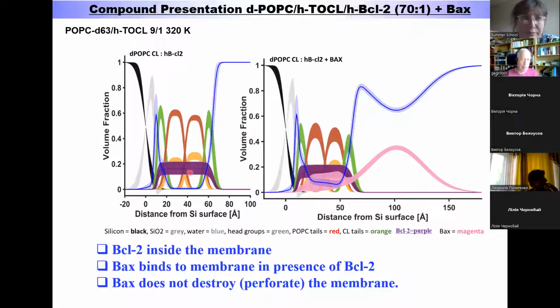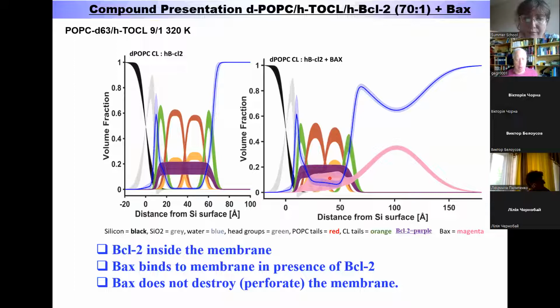Here is BCL2 in the membrane without BAX. And if you add BAX, you get more BAX in the membrane. You still get some BAX outside, but you do not get really lipid outside. So this means the BAX is interacting with the BCL2 quite nicely, but it makes no pores under these conditions.